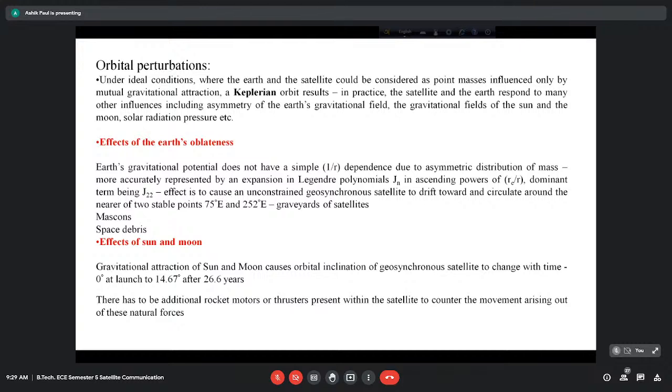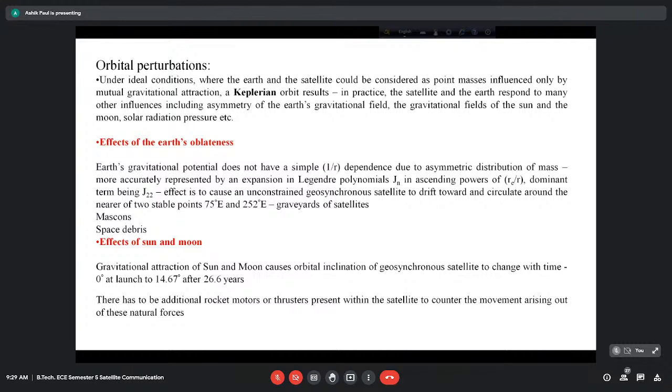So, conventionally or theoretically, the gravitational potential is considered to have a simple 1 by r dependence. But in case of Earth, one of the overriding factors which does not allow the gravitational potential to have this simple 1 by r dependence is the asymmetric distribution of mass.